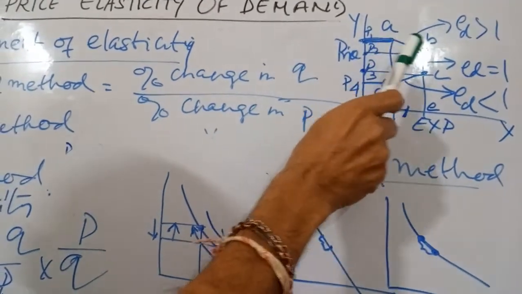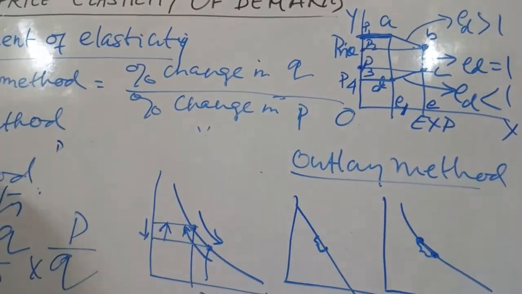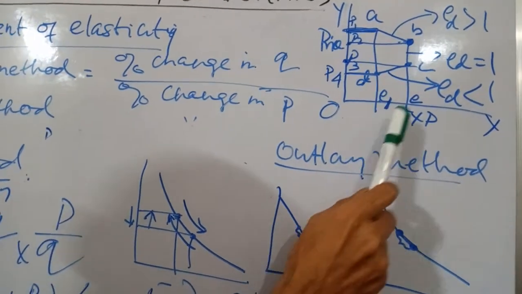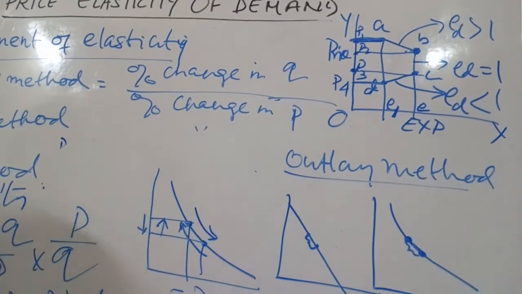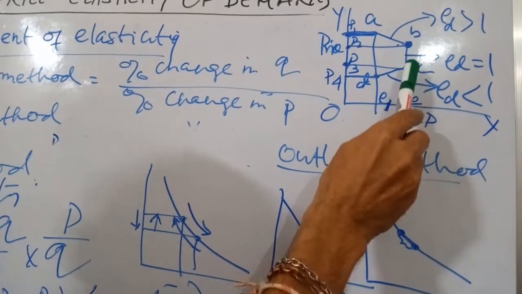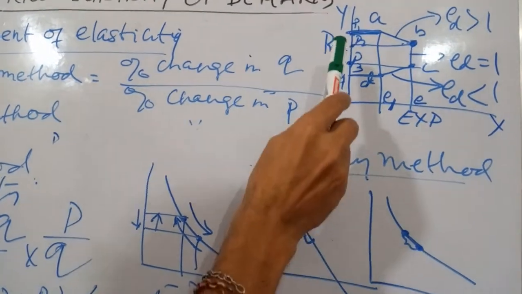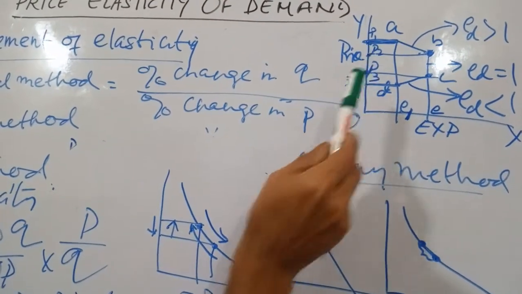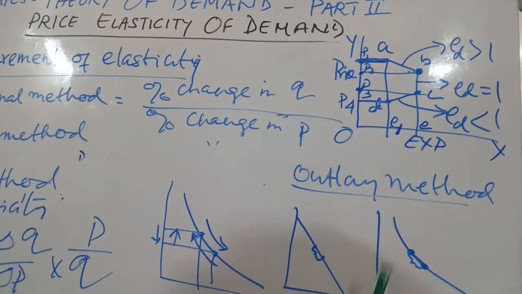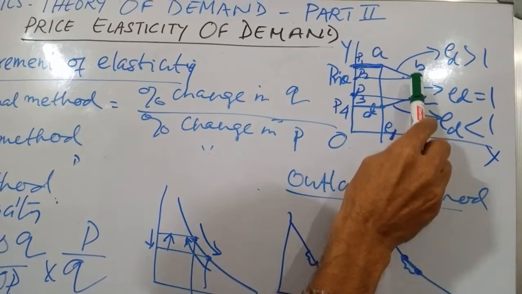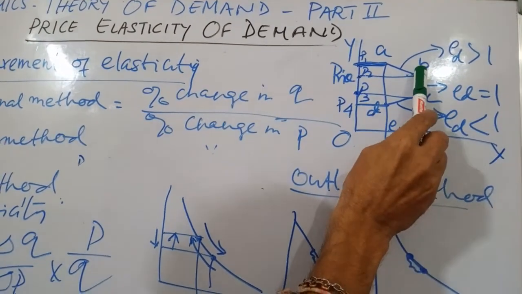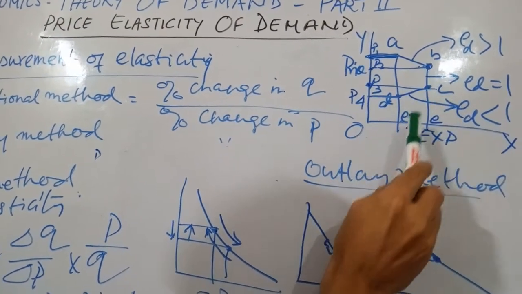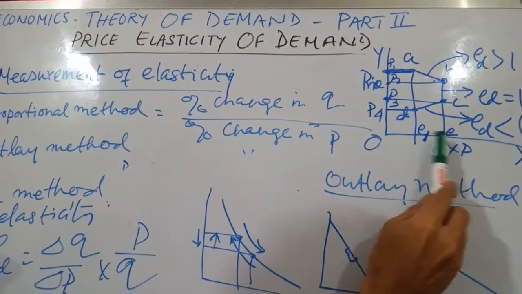So a movement from A to B means that expenditure is increased from OE1 to OE, and a movement from B to C, that is price is falling from P2 to P3, total expenditure remains same at OE.